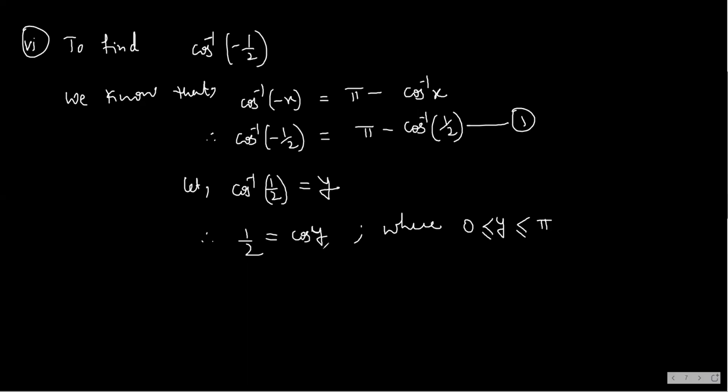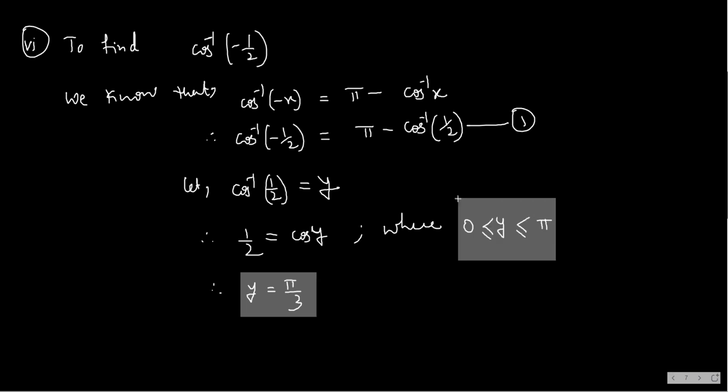So 1 by 2 is cos y. Now the moment I write 1 by 2 as cos y, I know the value of y such that cos of that y is 1 by 2. I will write therefore y equals pi by 3. Now, you will have to check whether this value of y is in between 0 and pi.